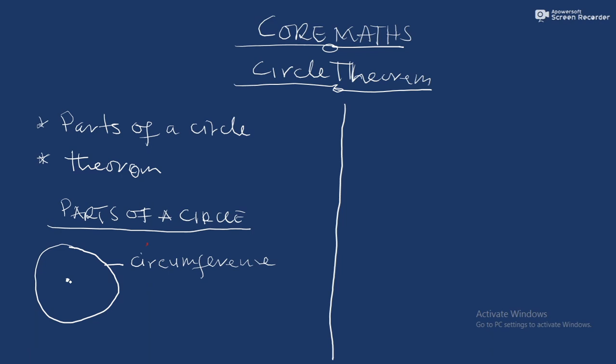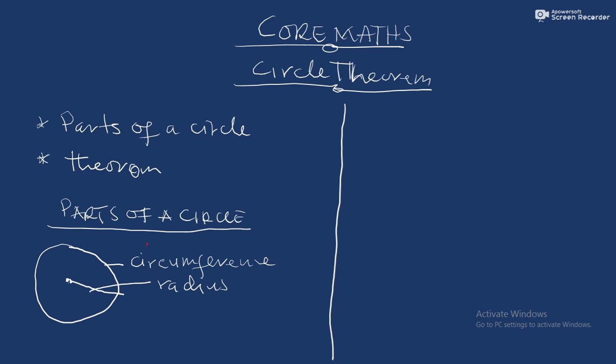Now we also said that any distance from the center to the circumference is an equal distance, and that distance, from the center to the circumference, is called the radius. So every circle has a fixed point called the center, and then it has a length of boundary around it called the circumference.